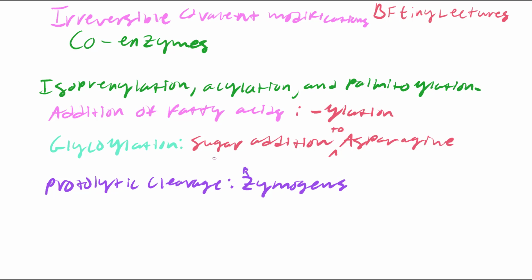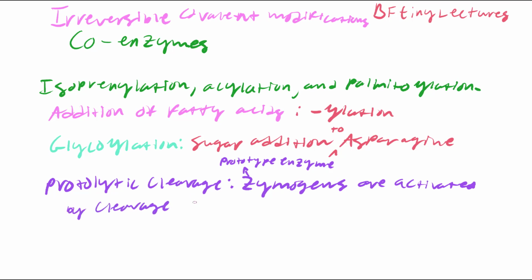So it's like a prototype enzyme. It's the enzyme before it becomes an enzyme. So that's called a zymogen, right? Zymogens are activated by cleavage at a specific peptide bond, okay?